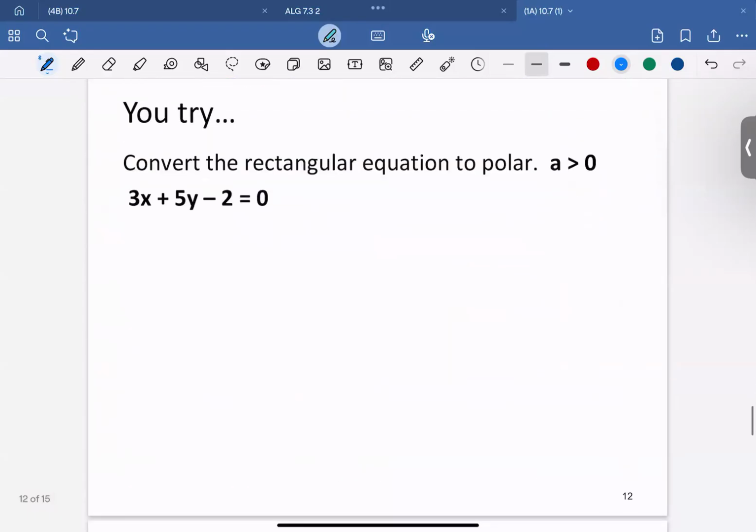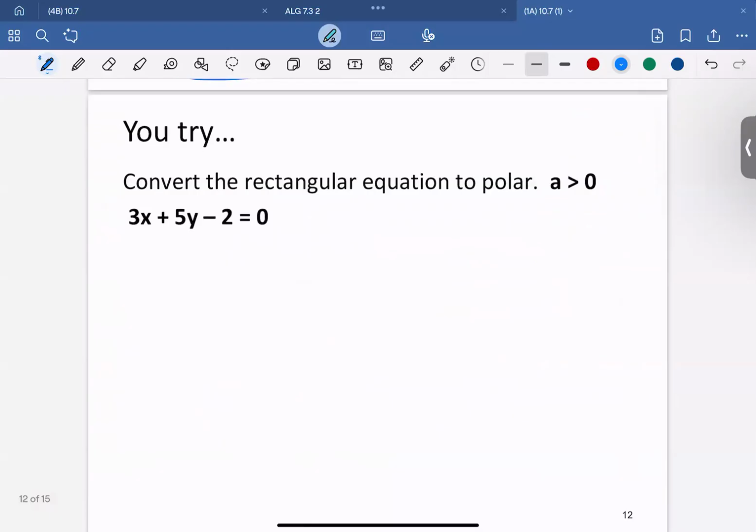All right, one of our last problems. Why don't you go ahead and pause to try this one? Okay, so converting this rectangular one to polar. Same deal, I have my X and Y, right? So whenever I see a variable, I should always be thinking, what can I do with that?